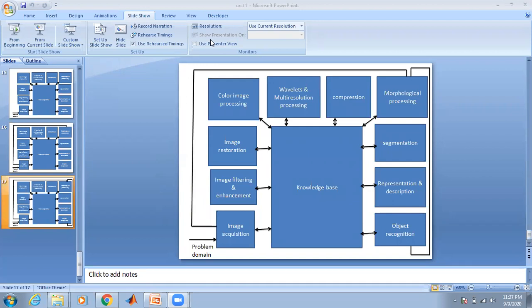Arnav, present, sir. Arpita, present, sir. Harshavardhan, present, sir. Ramapriya, present, sir.